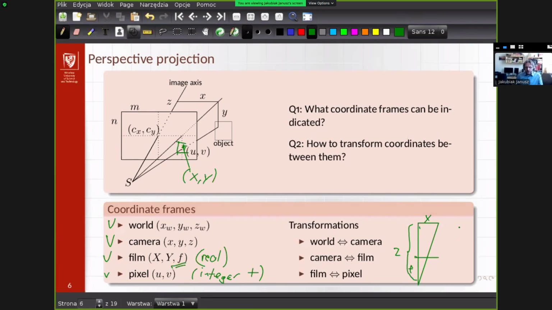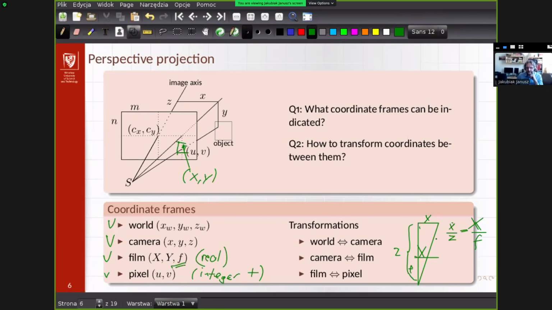What you know is that small x divided by z is equal to capital X divided by f.